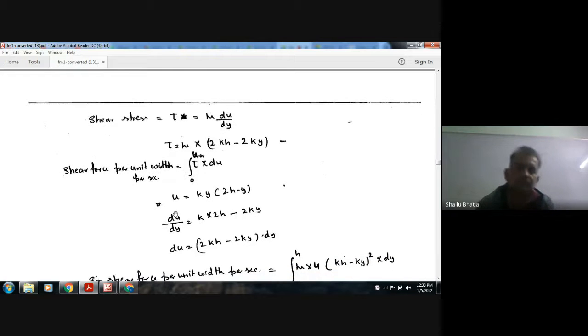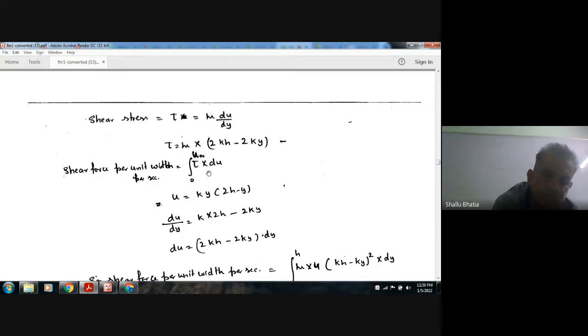Now if we multiply the shear stress by the respective area, we get the shear force. The respective area is parallel to the velocity component, and the width is 1 unit, so the area per unit time is du into w, where w is 1.